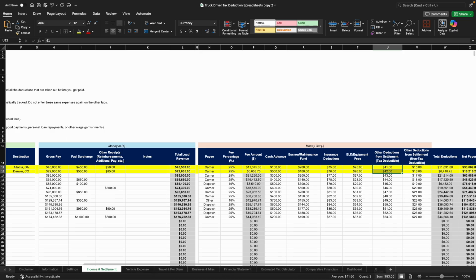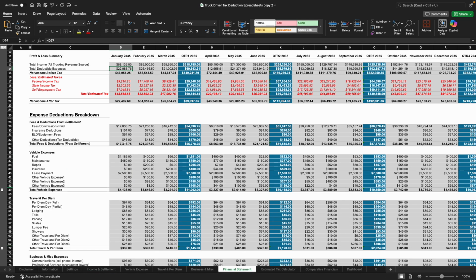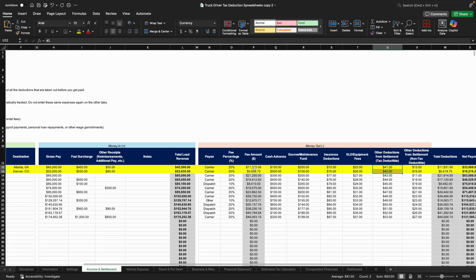So that's why it's pulling this $83 over. Okay, so your total deductions for your settlement is 17,318.75. As you can see, it's only picking certain pieces, right? It's picking this, this, this, and this. These are business related, so they are tax deductible. The other ones are non-deductible, and we'll talk about that later.